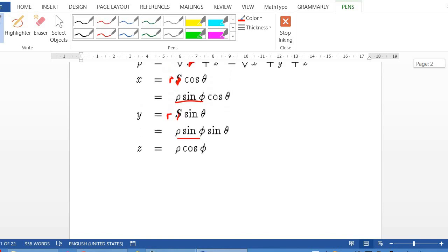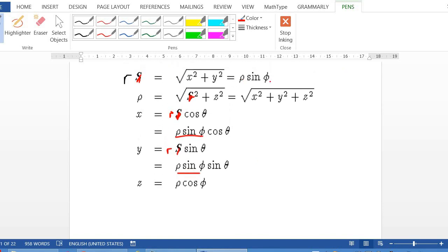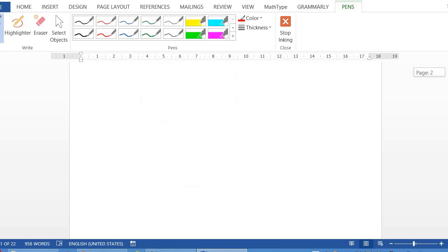And basically, we have z is rho cos phi, r is rho sin phi, and from polar coordinates x is r cos theta. Replacing r by rho sin phi, x becomes rho sin phi cos theta. y is r sin theta, which is rho sin phi sin theta. And rho squared is x squared plus y squared plus z squared.